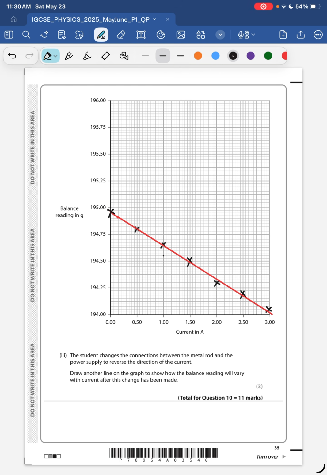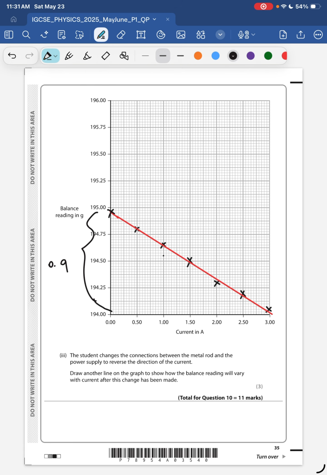So our first data point is the same. And then for the last data point, remember that we have a decrease of 0.9 between the first point and the last point. So we're going to have the same change, but it's going to be an increase this time.